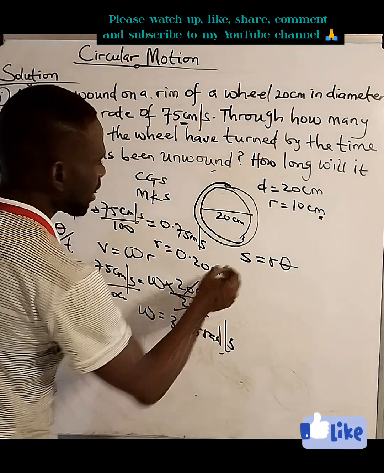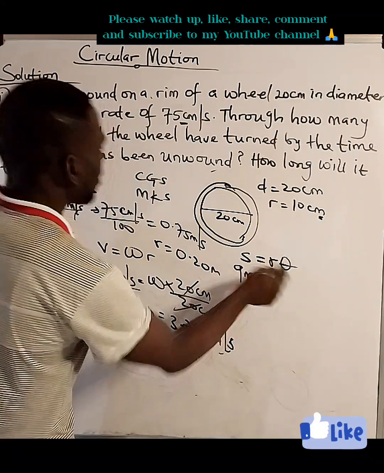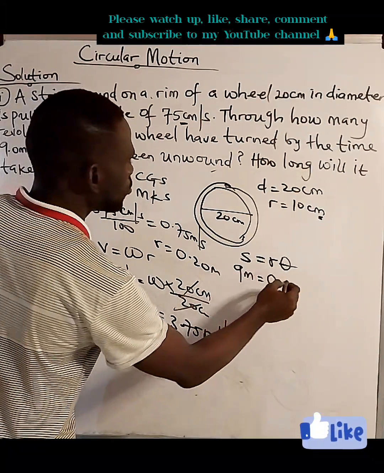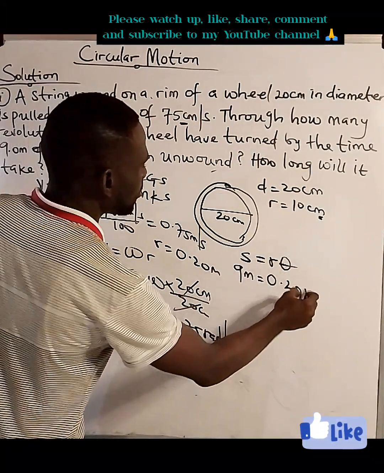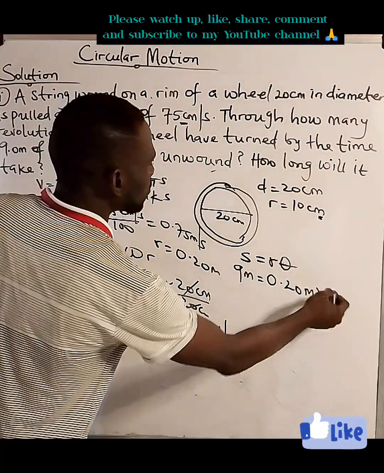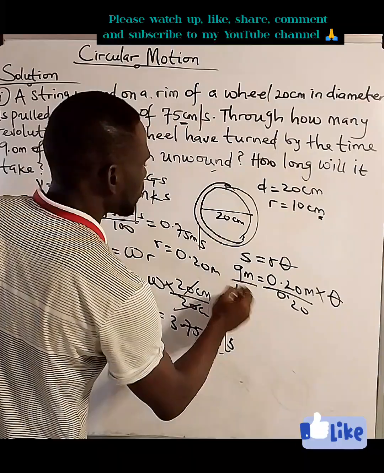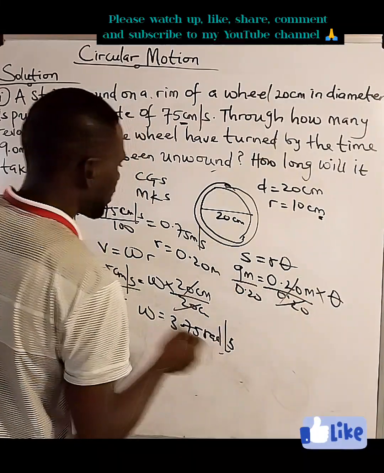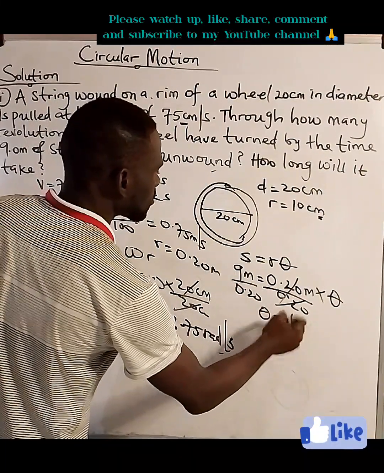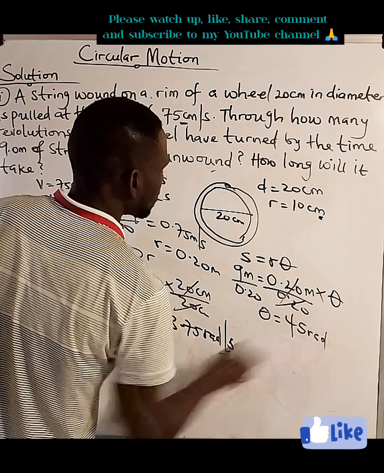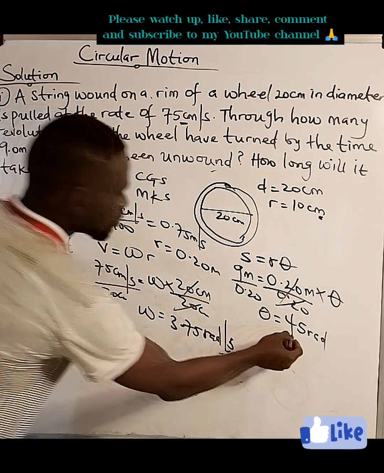So we have 9 meters and the radius to be 0.2 meters. We divide 9 by 0.20 and end up with approximately 45 radians.